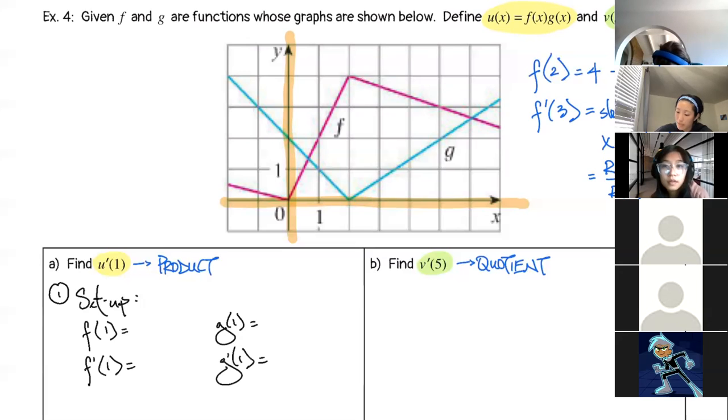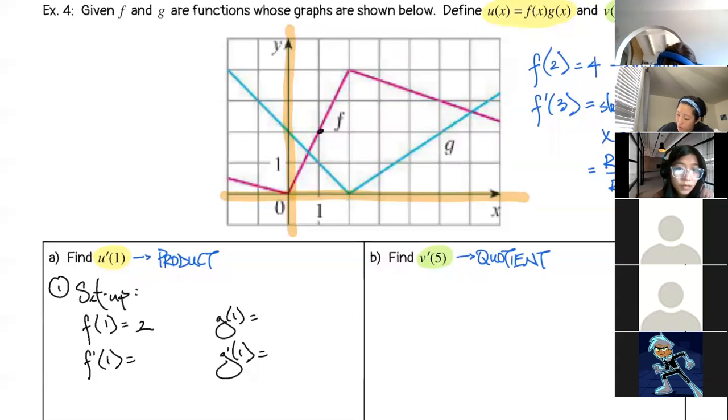So let's take a look at the f picture from the pink graph or purple graph, whatever color you think it is. What is f of 1? So on the pink graph at x equals 1, what is the y value? 2. Great. What is the slope of the line right there?